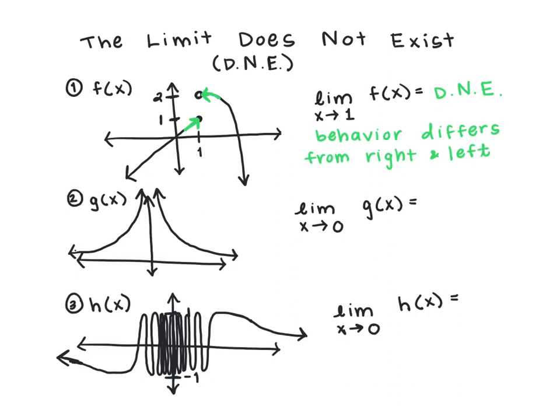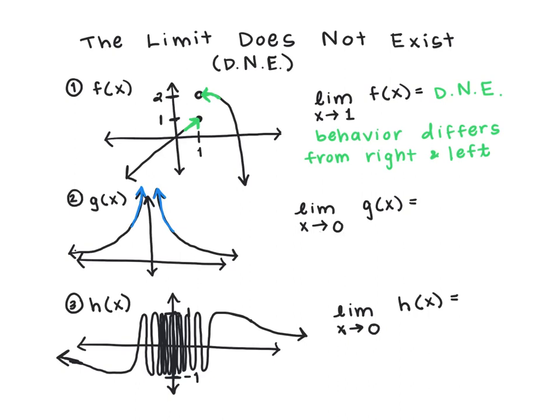Let's look at this next example where we have the function g of x. Here we're looking at the limit as x approaches 0 of this function. So we're going to look at what is the function approaching from the left and from the right of x equals 0. And if I trace along my graph from the left, I see that I'm going up to positive infinity. And if I also trace along my function from the right, I'm going up to positive infinity.